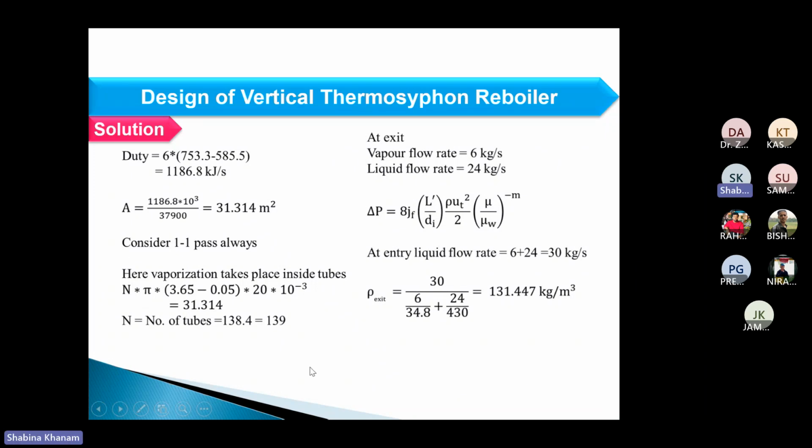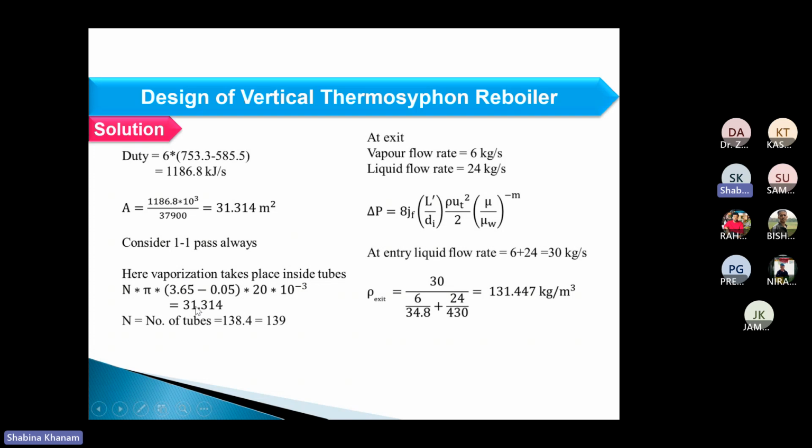How we will calculate the number of tubes: number of tubes into area of one tube will be equal to total heat transfer area. This is as per all previous calculations in previous examples. So n would be the number of tubes, but here you need to consider the effective length, because effective length will only be responsible for heat transfer.